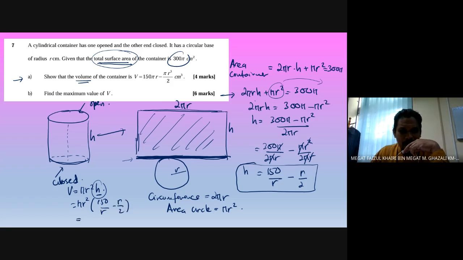What do we get then? r square divided by r, so we get 150 pi r minus pi r square times r over 2, pi r cube divided by 2. Sama tak dengan ni? Same? 150 pi r minus pi r cube divided by 2. Okay, so the first question A is complete.